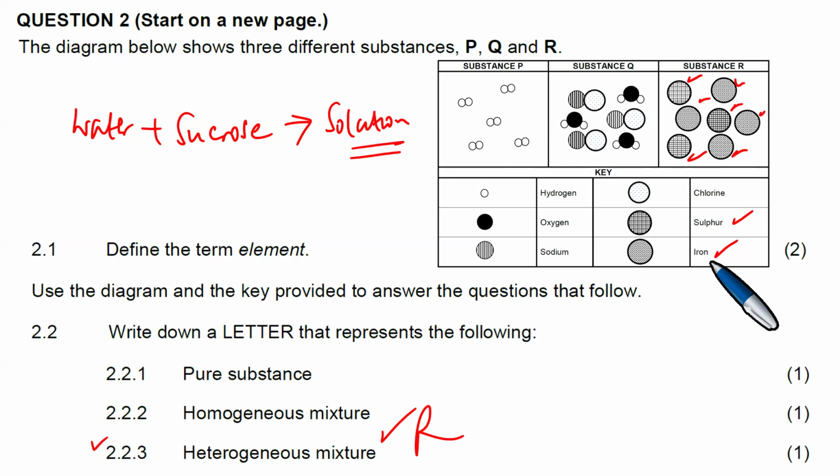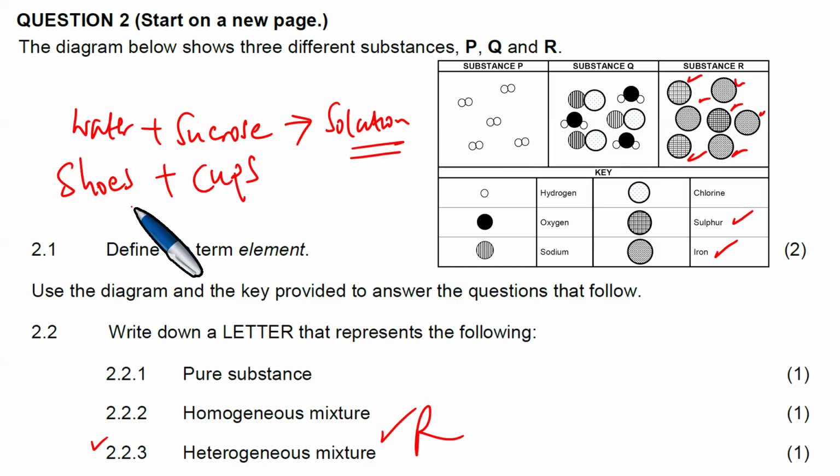In this heterogeneous mixture, why are we saying this? In a heterogeneous mixture, we are able to still see the reactants, if you like. If you mix shoes plus something, plus cups, you put shoes and cups together, this is an example of a heterogeneous mixture.